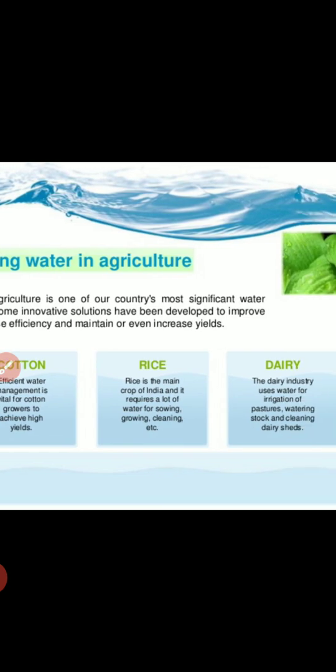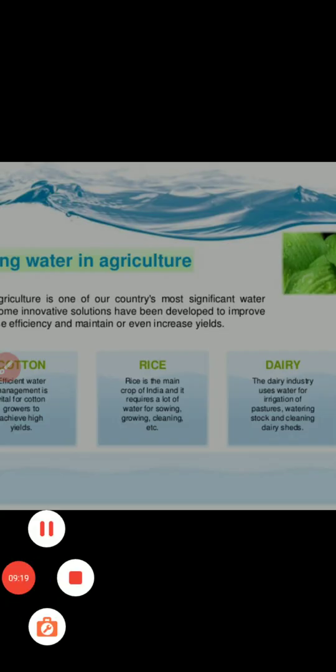Rice is the main crop of India, and it requires a lot of water for sowing, growing, and cleaning. And the dairy industry uses water for irrigation of pastures, watering stock, and cleaning dairy sheds.